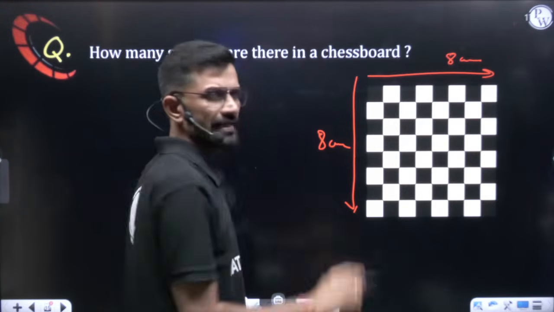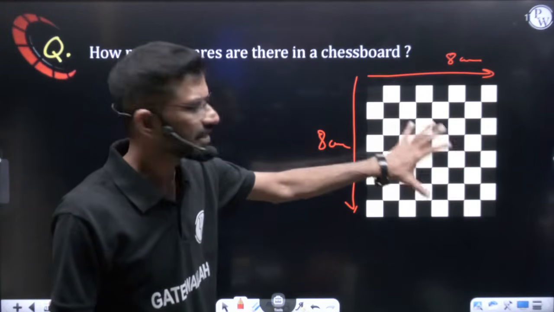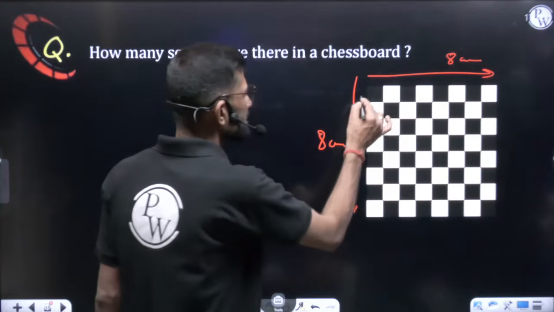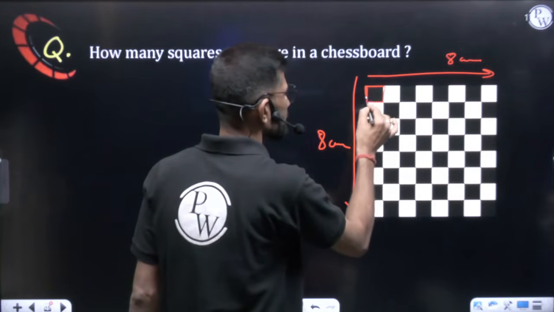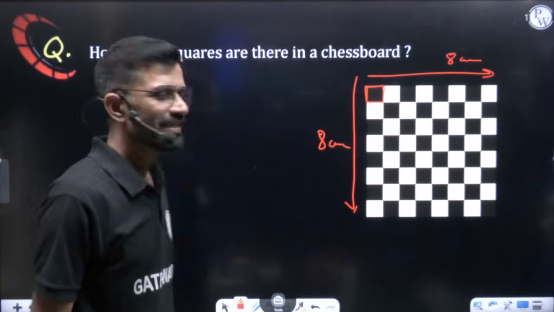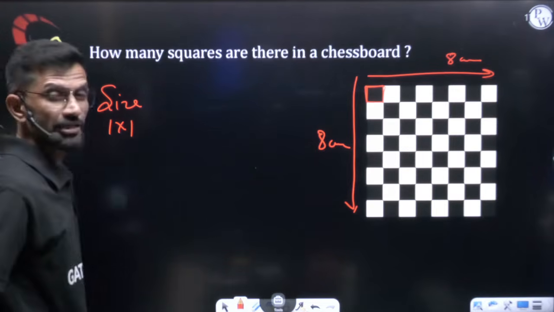If the complete chessboard is of size 8 by 8, what will be the size of the small square? Obviously 1 by 1 size. So this size 1 by 1, how many are you getting?